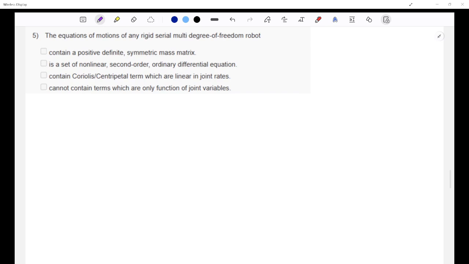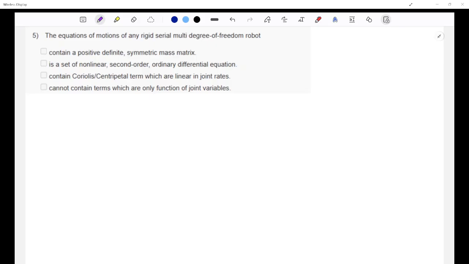The equations of motion of any rigid serial multi-degree-of-freedom robot contain a positive definite symmetric mass matrix, are a set of non-linear second order ordinary differential equations, contain Coriolis and centripetal terms which are linear in joint rates, and cannot contain terms which are only functions of joint variables.